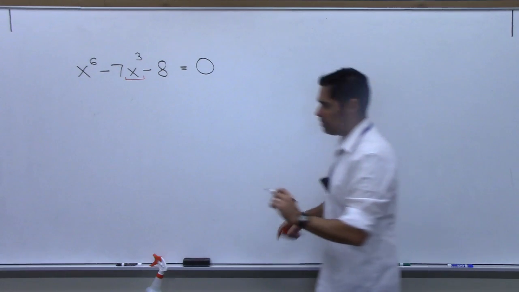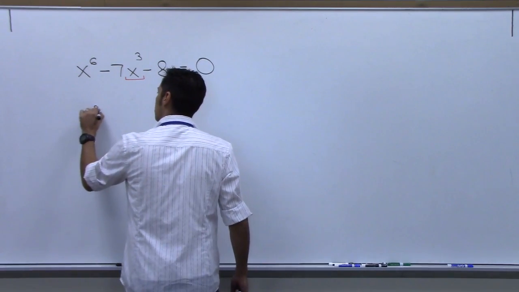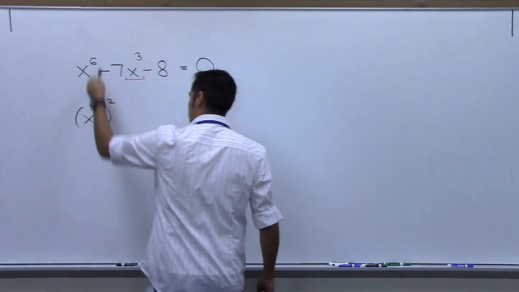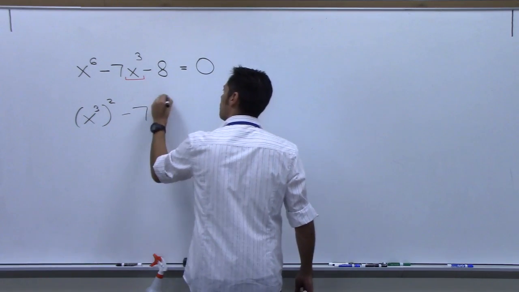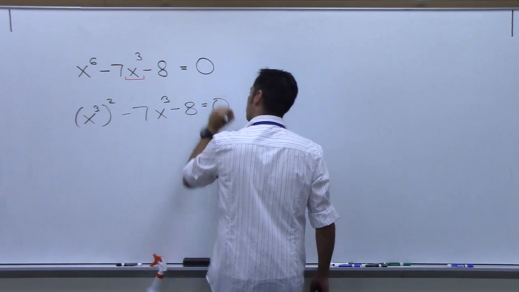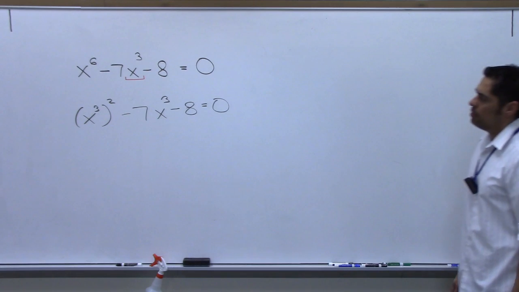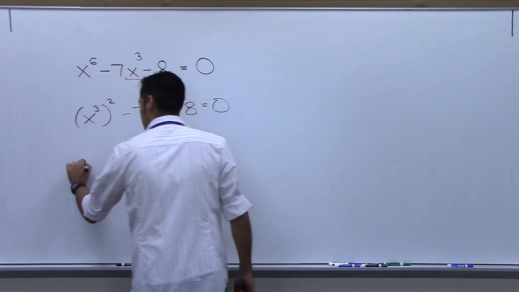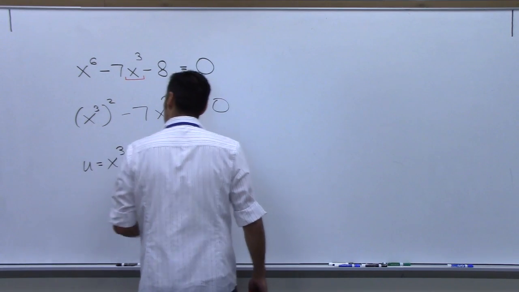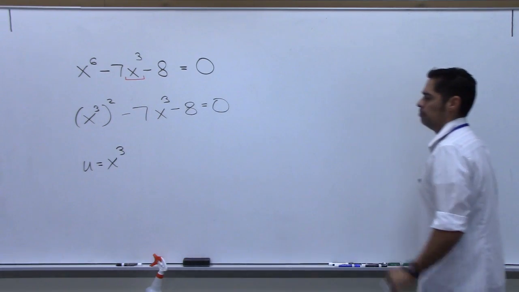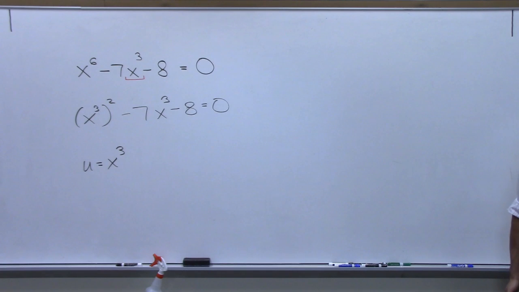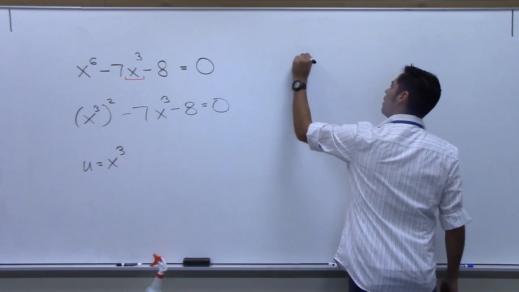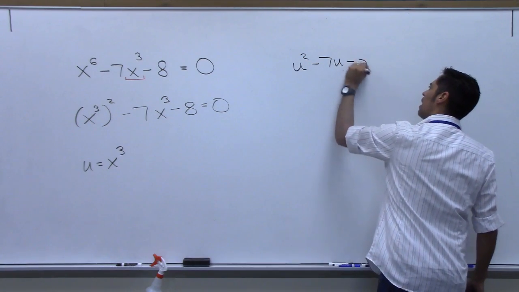So x cubed squared is x to the 6th, minus 7x cubed minus 8 equals 0. So I'll make my substitution that u is x cubed, and rewrite the problem. What will it be? u squared minus 7u minus 8 equals 0.